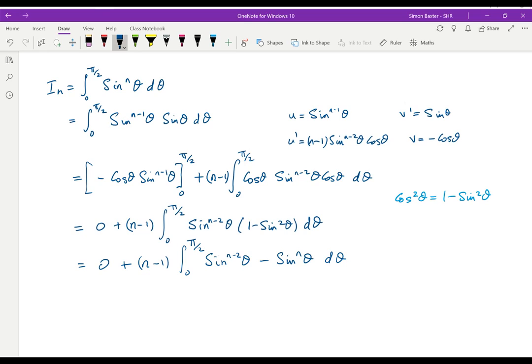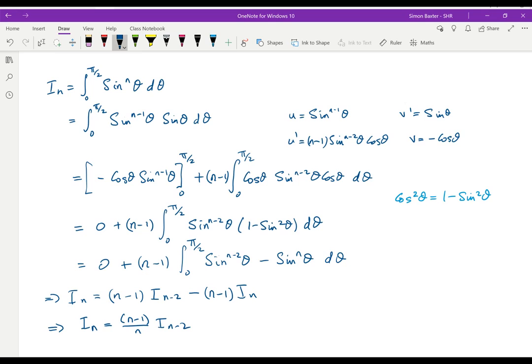And this we can rewrite as In is equal to n minus 1 I n minus 2 minus n minus 1 In. Add n minus 1 In to each side, divide by n, and you will get that In is n minus 1 over n times I n minus 2. So there is your reduction formula for sine.